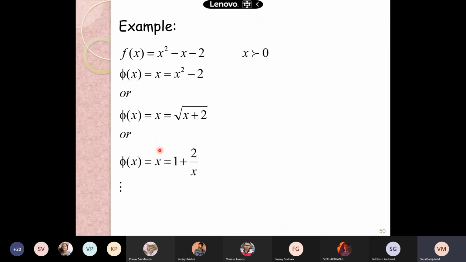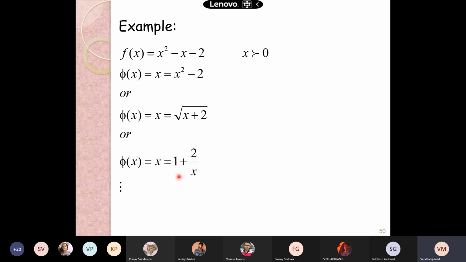So these are some iterative method rearrangements. f of x is equal to x square minus x minus 2, with x greater than 0. On one side we can keep x, and on the other side we can take x square minus 2. With the aid of this we can get other equations too, that is x is equal to root of x plus 2.